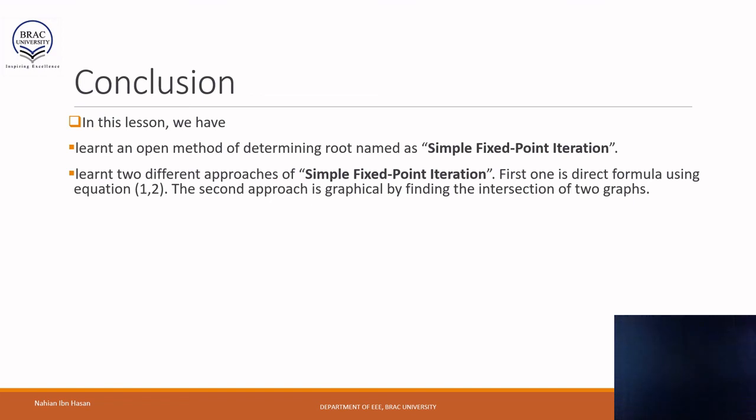But there are some limitations and advantages of both approaches. Bracketing methods ensure convergence, but open methods do not. But open methods are much faster than bracketing methods. So all of them have their own limitations and advantages.